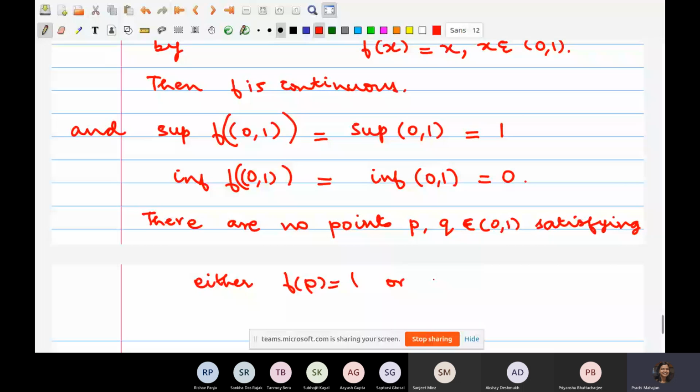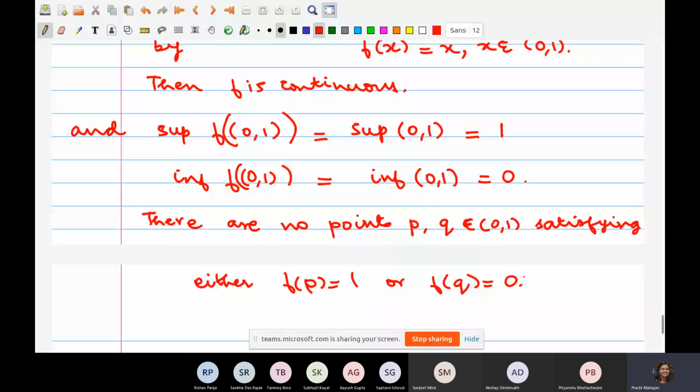So while the supremum of the image of f, the range of f, is 1 and the infimum is 0, these cannot be realized at any point in the domain by the function f, correct? Is that okay? There is no point P in the interval 0, 1 such that it is mapped to 1 by f, and likewise there is no point in the open interval 0, 1 which is taken to 0 by the map f, right?